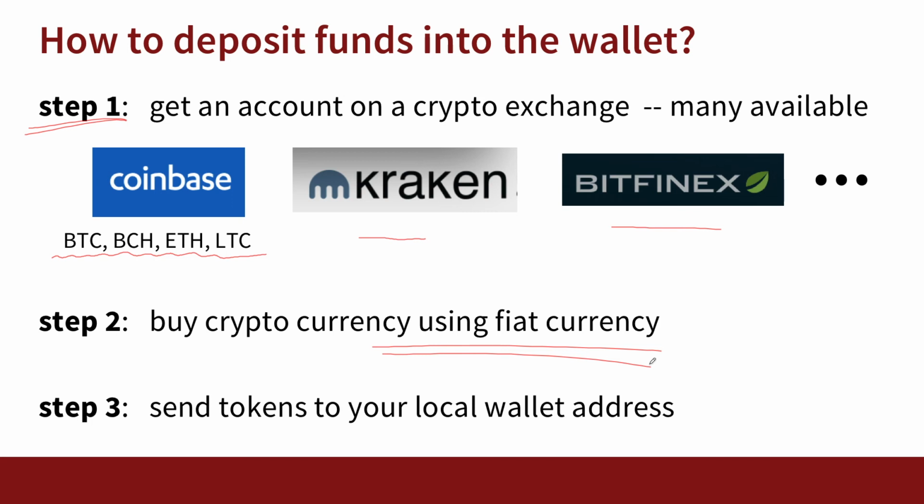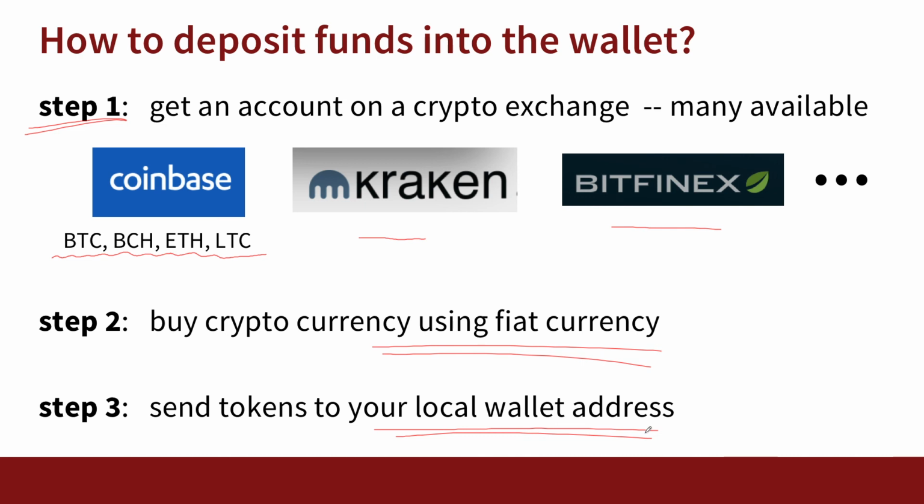Step number three is you can either keep the currency you just bought at the exchange, or you can send that currency to your own local wallet. The wallet that we just saw before, you can have those funds transferred to the address that you created, and the secret key, like I said, is held on your machine, and no one can take those funds away from you unless you sign a transaction using the secret key. So that's how you deposit funds into the wallet.